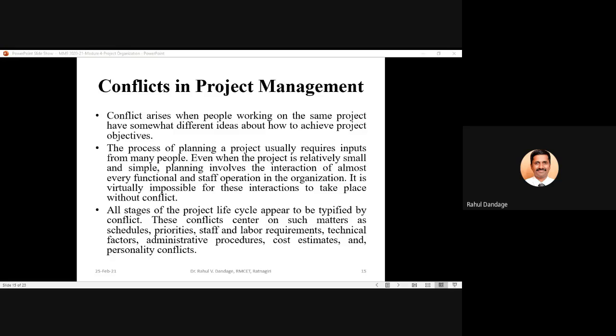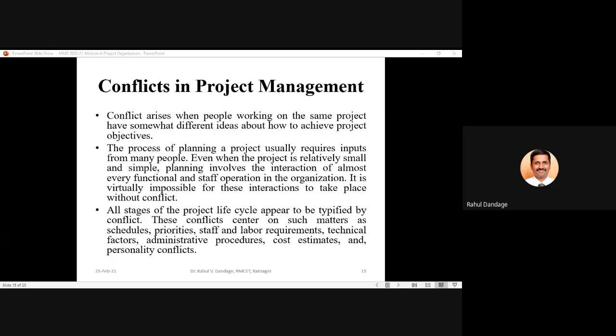Let us say you have one person working in the design department, or one person working in the purchase department who is shared by 5 projects for the purchases required for those individual projects. That person should give certain specific time to carry out the purchasing work required for a project. So there will always be some conflict on which project he should give priority.